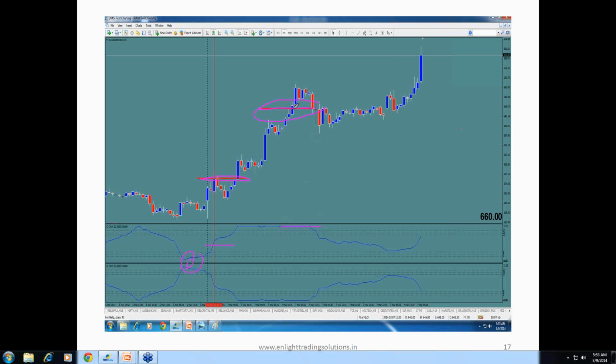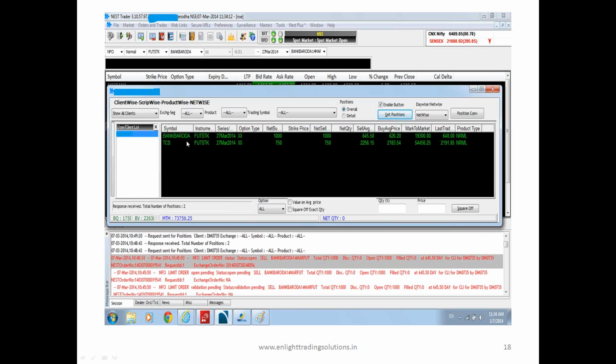Okay, this is our trade in Bank of Baroda. You can see based on this buy convergence. So you can see 645, 626, our sell average is 645.